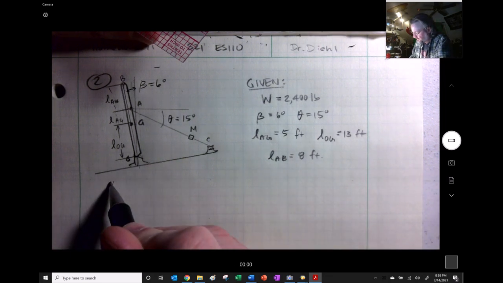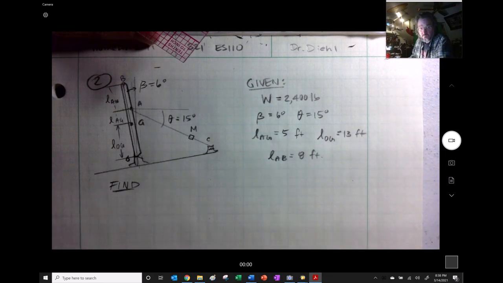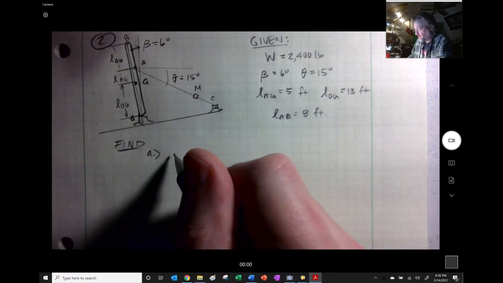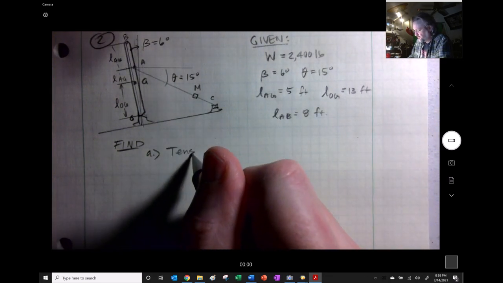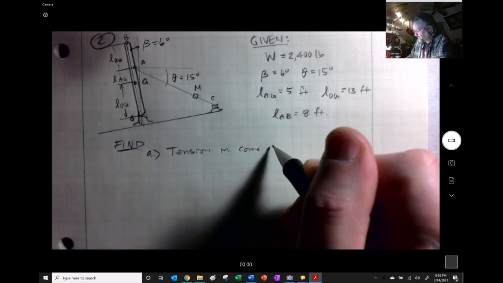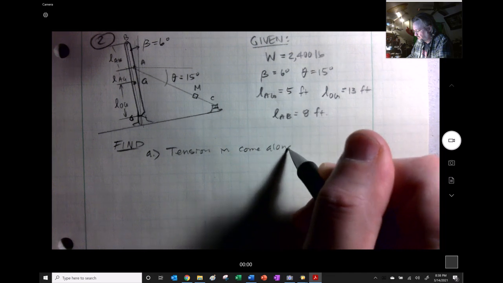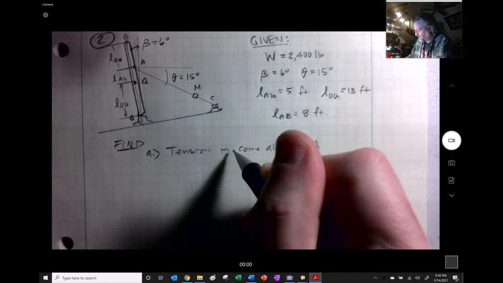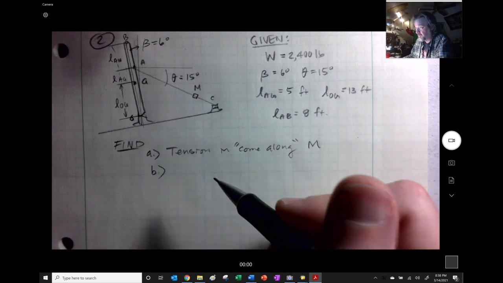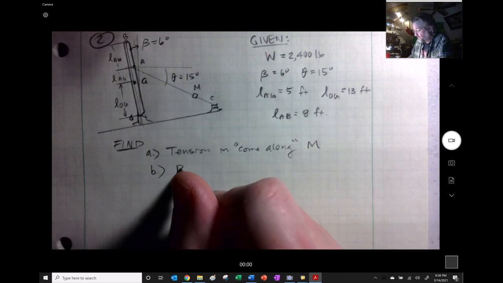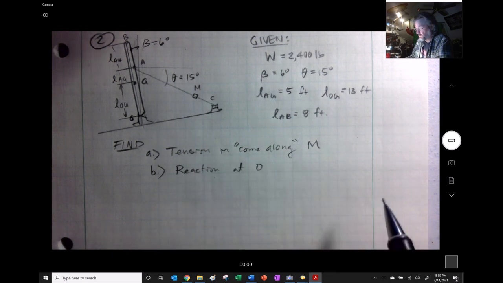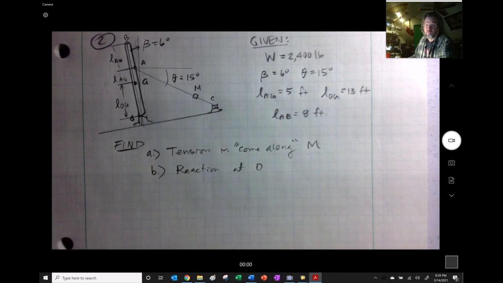So we want to find the tension in the come-along, M, as far as I'm writing there. I don't know why I put M in there. And then the reaction at O, noting that this does not support a moment.